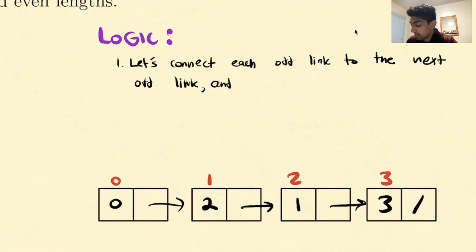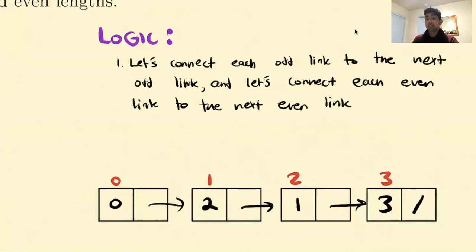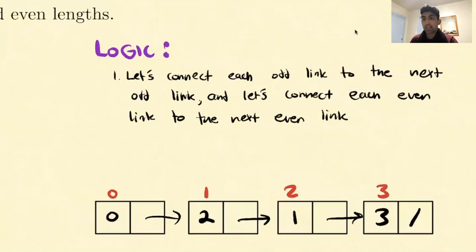In the same manner, let's connect each even link to the next even link. So that's my first line of reasoning: each odd link should be connected to the next odd link, and we should connect each even link to the next even link, right?